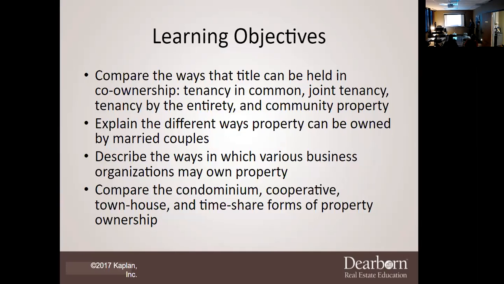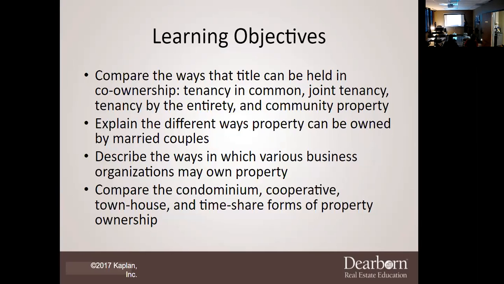Some other items we're going to discuss, clarifying and cleaning up some of these areas, is where we're going to compare the ways that title can be held in co-ownership. So there can be tenancy in common, joint tenancy, tenancy by the entirety, and community property. Y'all get to know each and every one of those.